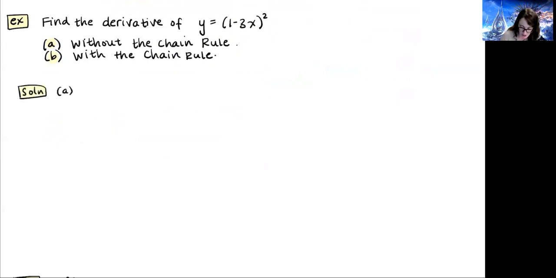To differentiate this without using the chain rule, we would have to first FOIL this out, right? We've done this before, in the beginning of this chapter. So we've got 1 minus 3x squared, that's 1 minus 3x times 1 minus 3x.